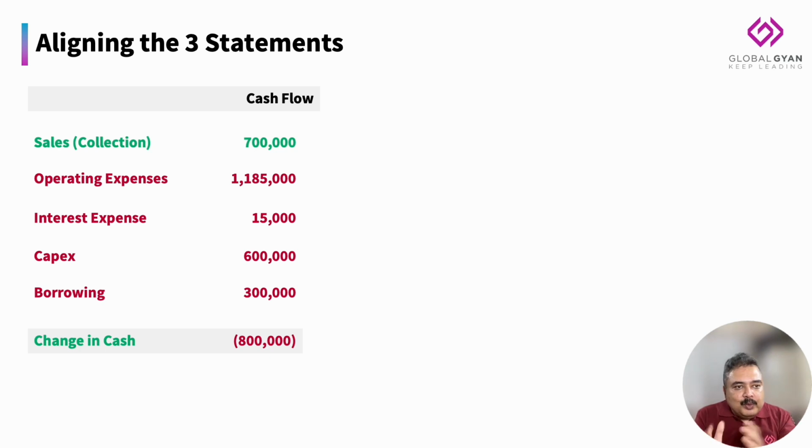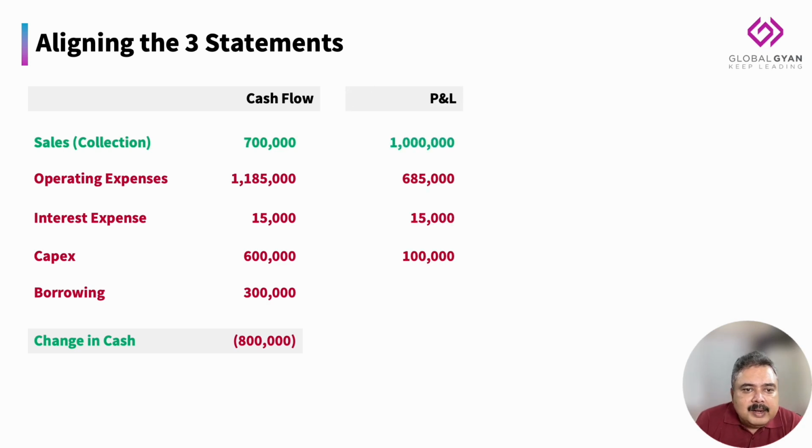So if you think about the three statements, this was the cash flow. Remember, we saw this. There's a reduction of 800,000. But in the P&L, we saw different numbers. The P&L had a million of sales and 200,000 of profit. Why is there this difference? That's clearly because the P&L recognizing a million in sales doesn't necessarily mean that the money came into the bank. Only perhaps 700,000 got collected, and we can see that by looking at the changes in the balance sheet.